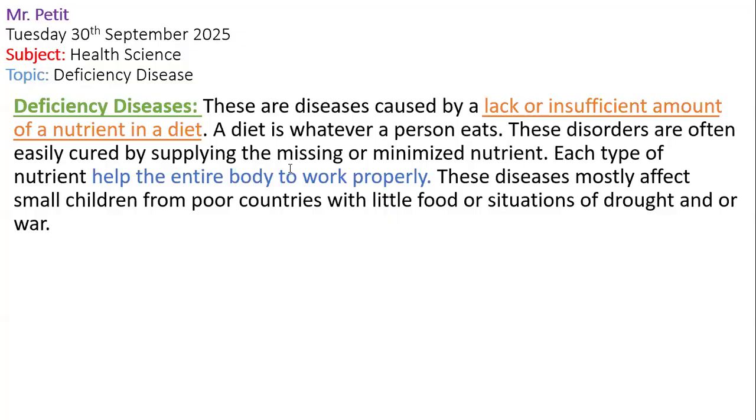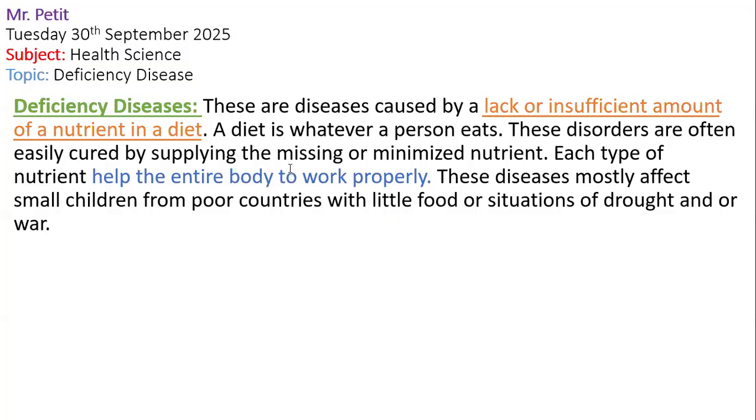These disorders are often easily cured by supplying the missing or minimized nutrient. Each type of nutrient helps the entire body to work properly. These diseases mostly affect small children from poor countries with little food or situations of drought and or war.